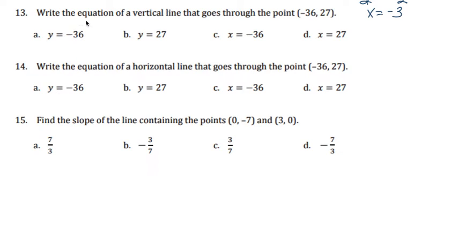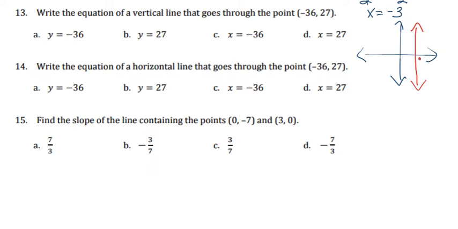Number 13. Write the equation of a vertical line that goes through the point negative 36, comma, positive 27. So when we're looking for the equation of a vertical line, we need to think about which axis it crosses through. So I'm going to draw the vertical line in red.